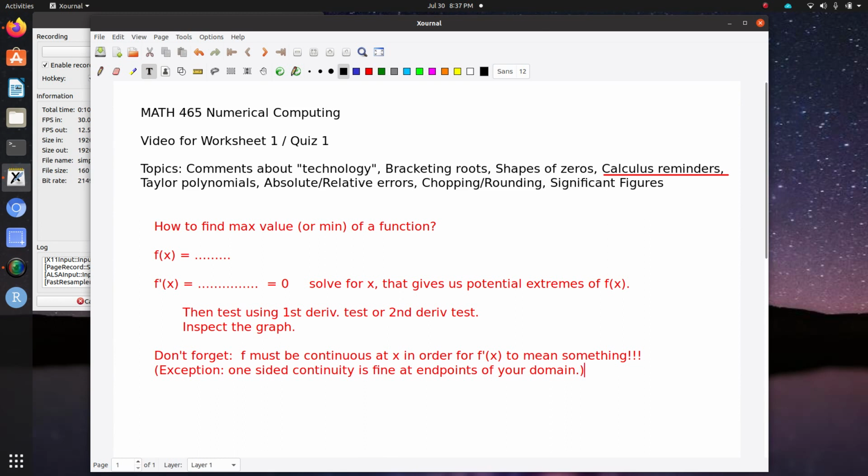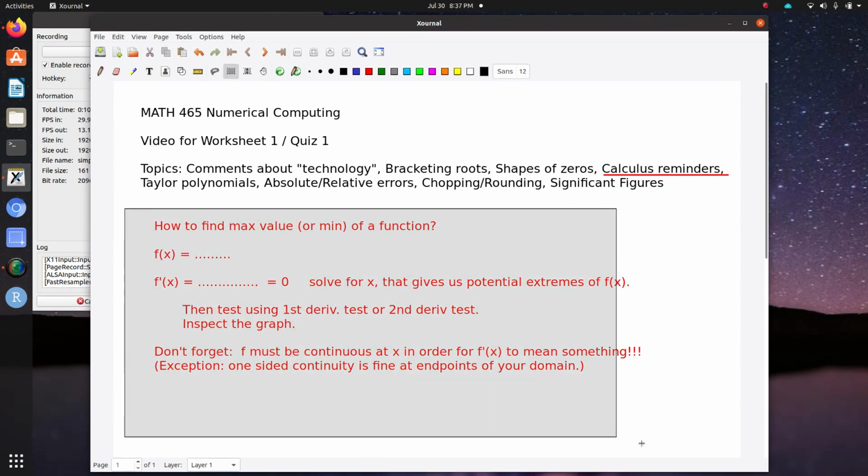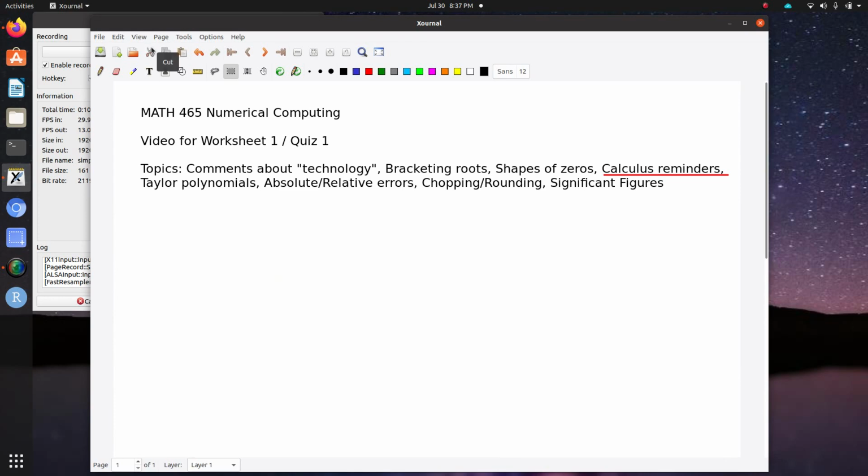Okay, next concept we want to go over is Rolle's theorem. So Rolle's theorem goes something like this. We're going to say you have some kind of axis to work with.